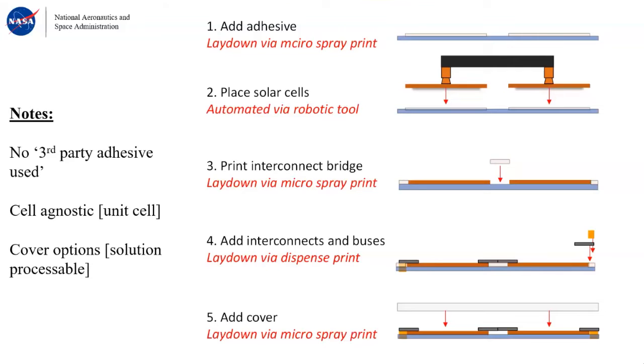The devil's always in the details, and we'd be hard pressed to say, no matter what the cell, we can integrate it into this process. But we've designed this to be cell agnostic, to be able to accept a large number, if not all, thin films. And there's several cover options, and I think that this is one of the key areas of growth going forward. But we currently have a couple that we use, and generally, so long as it's solution processable, it can be integrated.